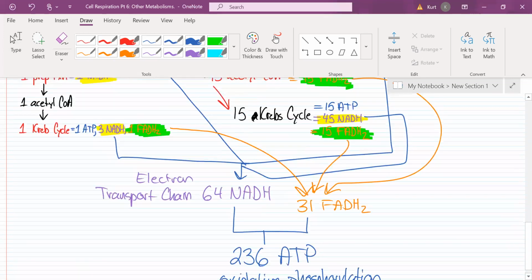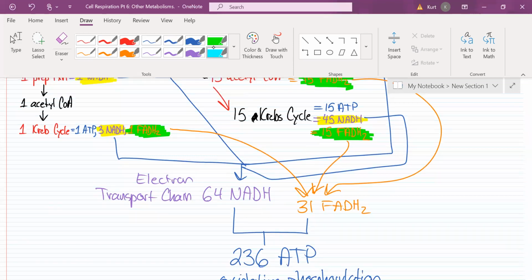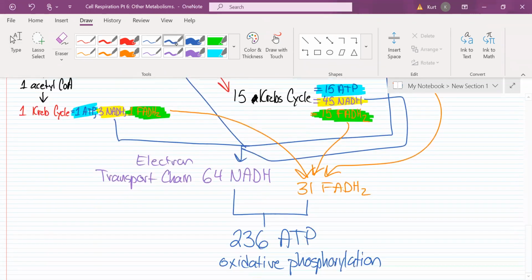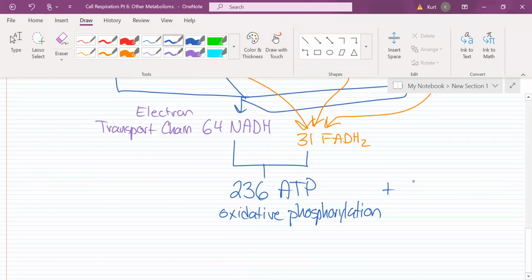If you go back up and you count how many ATP you made from the Krebs cycle for glycerol and the Krebs cycle for the fatty acids, that's going to be 16 more ATP. So you add this 16 ATP from substrate level phosphorylation.